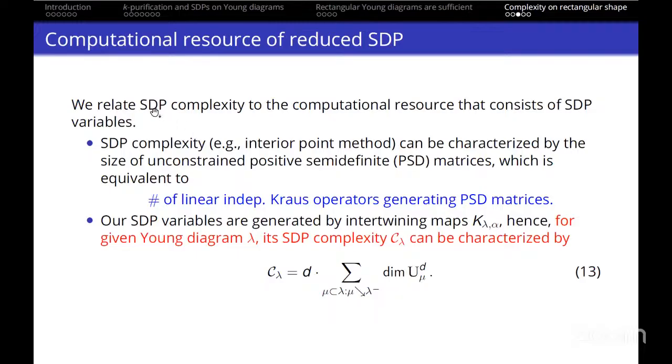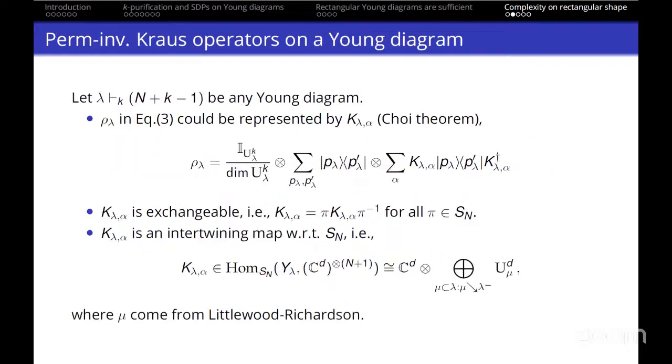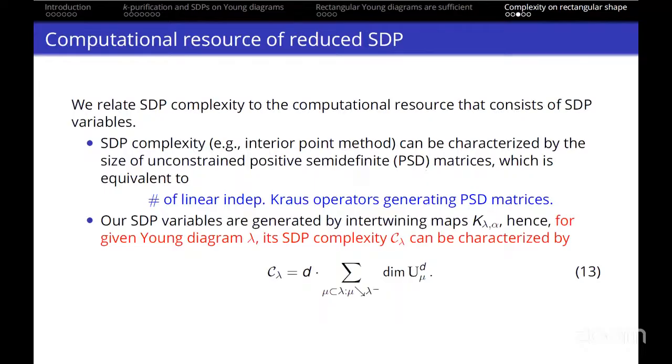And then we just focus on the rectangular shape of Young diagram. For example, in the interior point method, we just look at the size of the SDP variable for the unconstrained PSD matrix. And in here, we have to generalize the PSD matrix by some Choi operator. So the number of linearly independent Choi operators will characterize the SDP complexity.